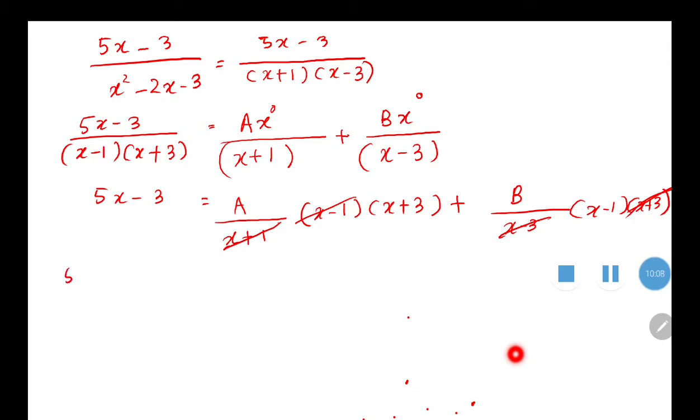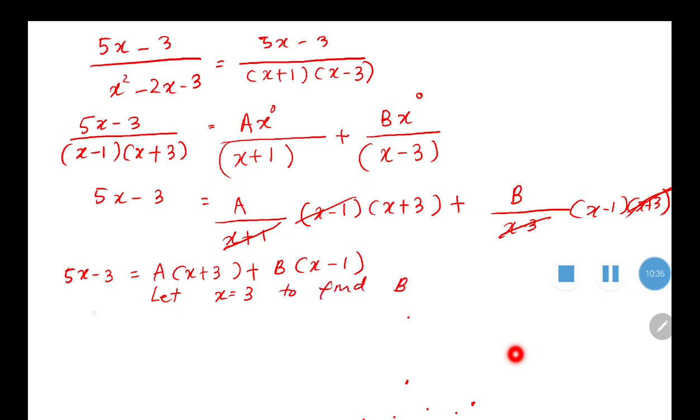Now we have 5x minus 3 equal to a(x plus 3) plus b(x minus 1). Right. Now to find b, what should we do? To find b, let x equal to 3.